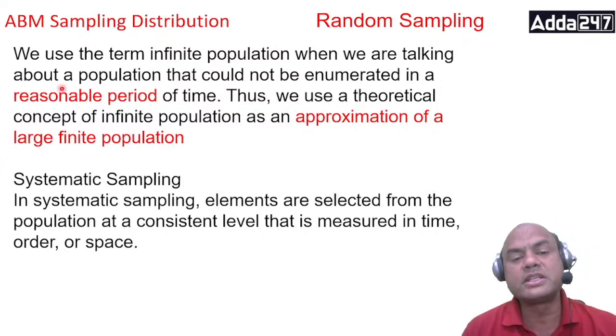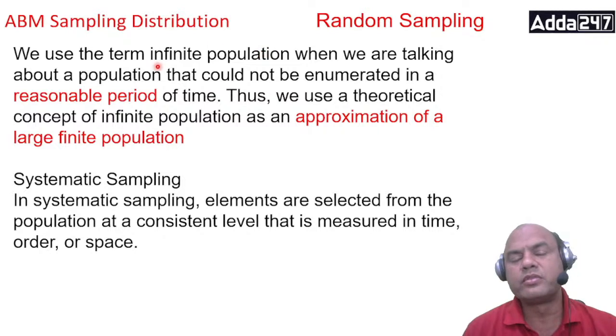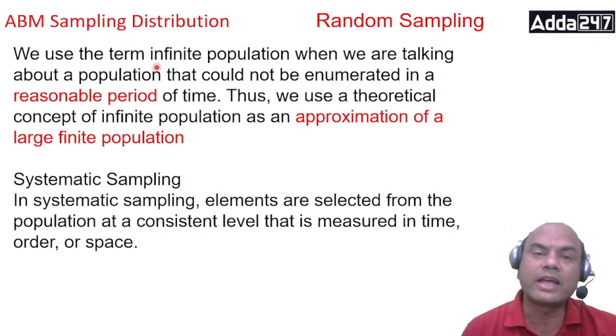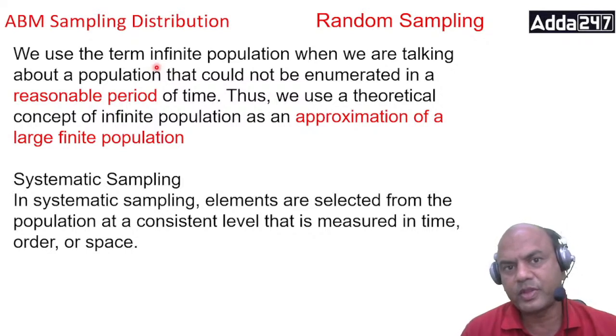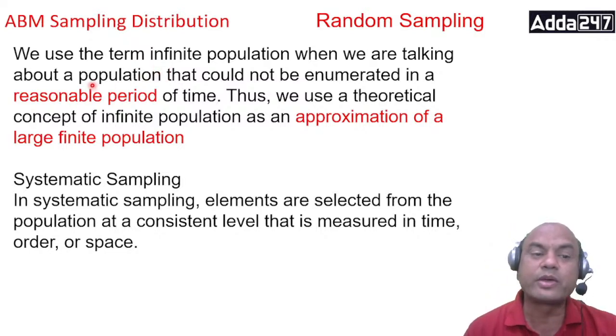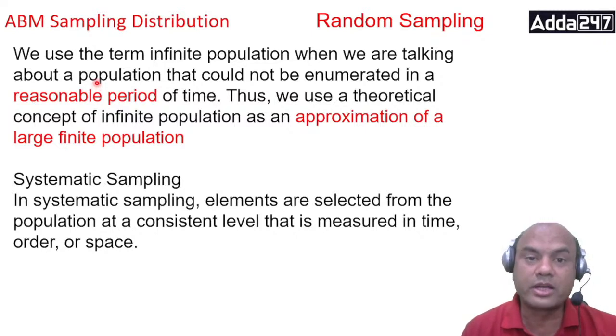If my population is too huge for a survey, I'll give you one more example. You do a survey of 1 lakh people in 2 days. Go and ask each one. It's not possible in a reasonable period. So that becomes an infinite population for those 1 lakh people in those 2 days.